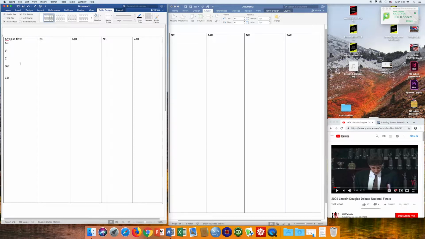There's definitely going to be a contention somewhere, so you can kind of get that ready to flow the aff case. And you can do the same thing on the negative. But you want to space it out because there's going to be probably a lot to say on these parts. Leave enough room for extra contentions too.